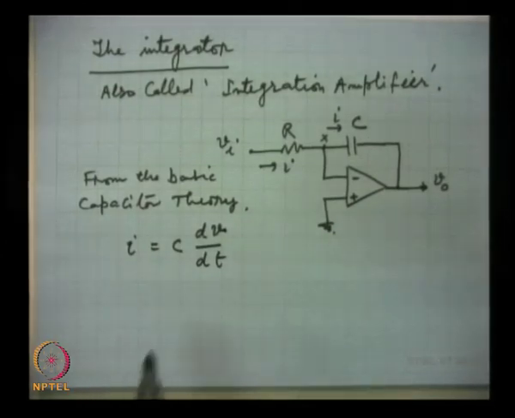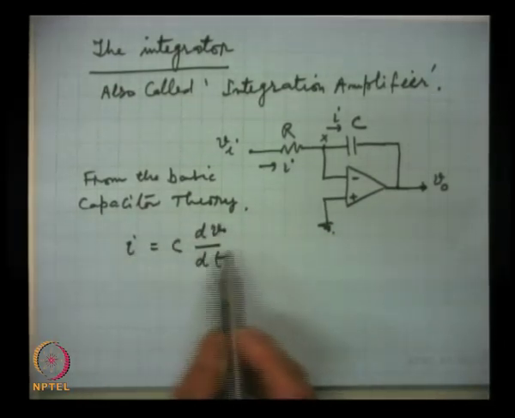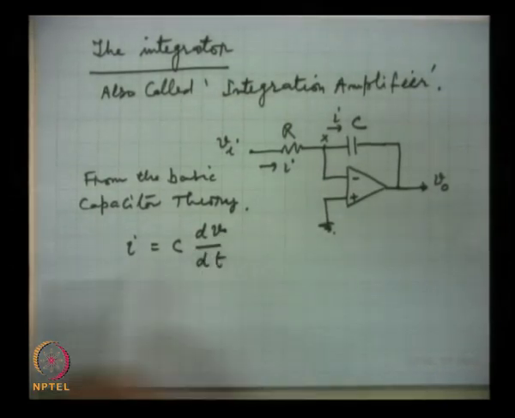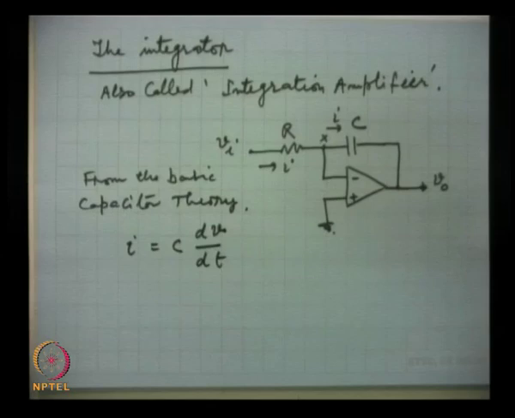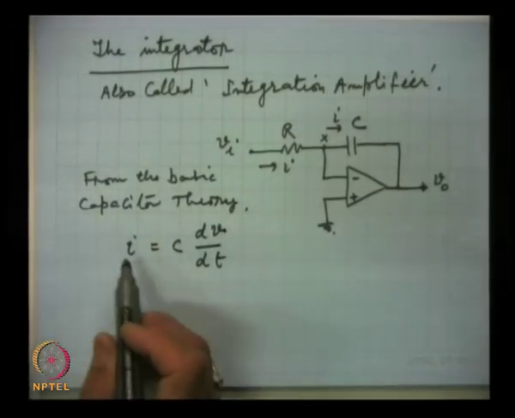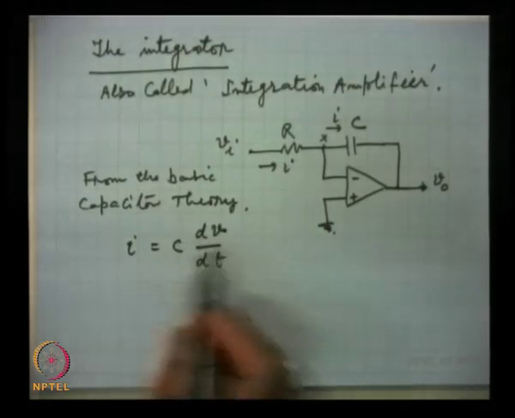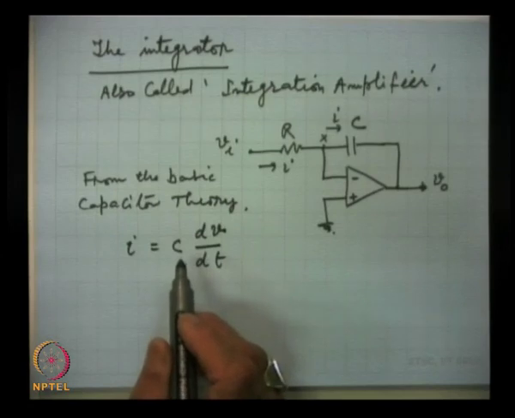This is the relationship between the charging current and the voltage developed across the capacitor. This is a simple relationship. The charging current gives a rate of change of voltage and the capacitor is charged.